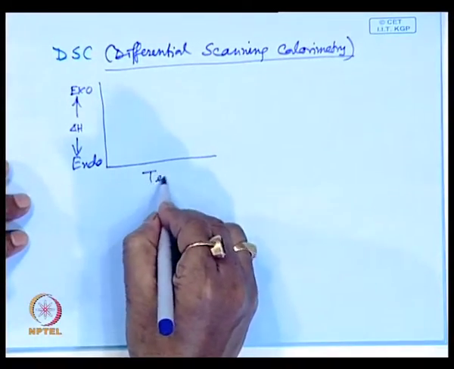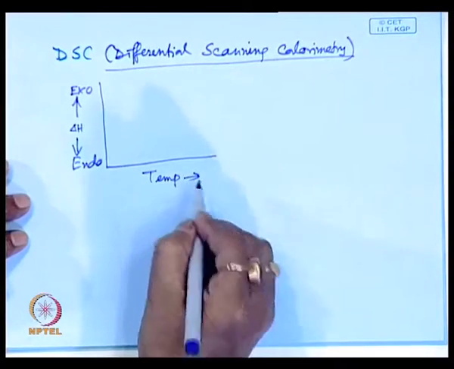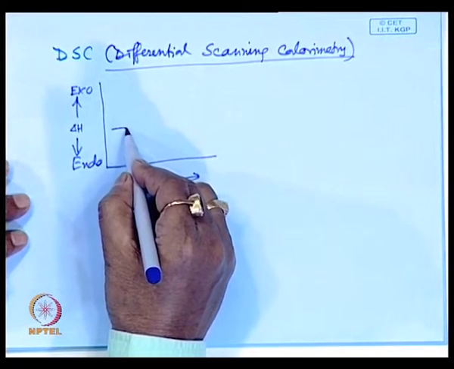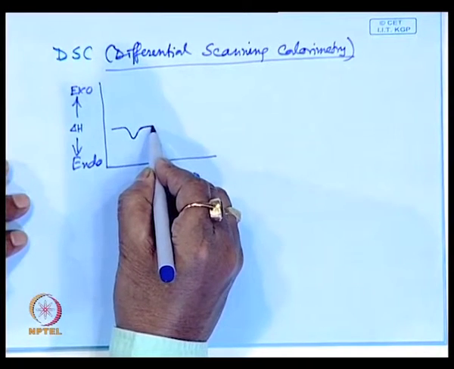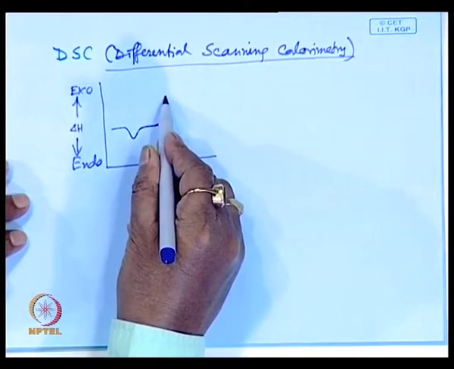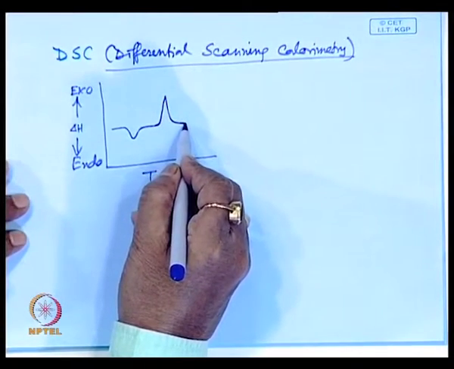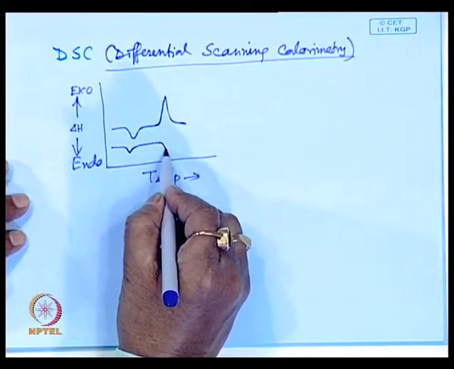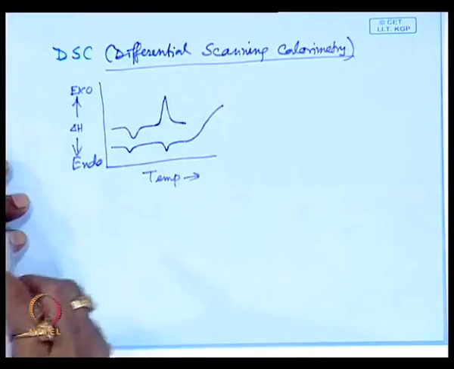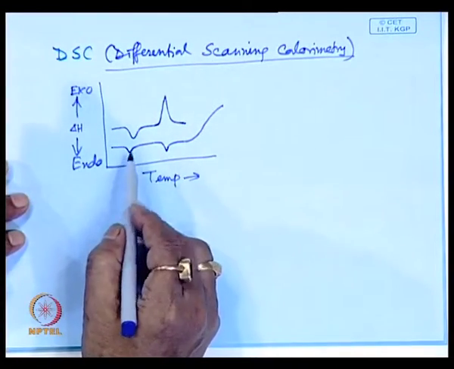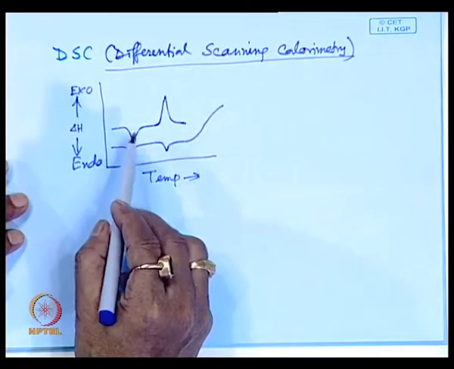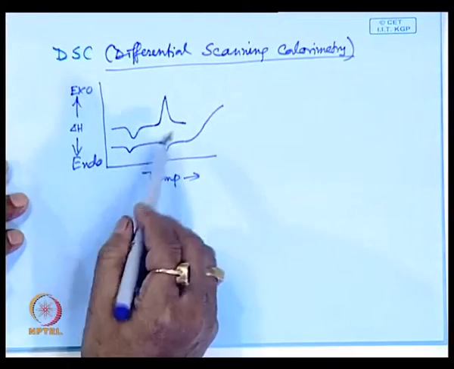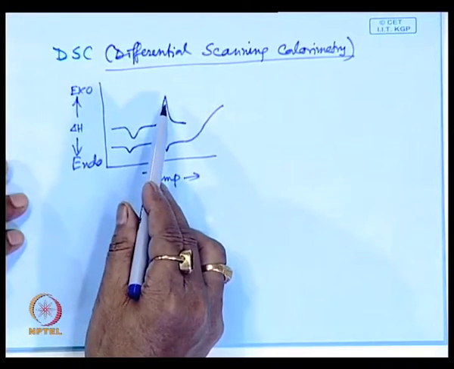This is the temperature axis, and you can get a curve like this, or you can get a curve like this. Now, these are actually transitions, again a change of enthalpy during that transition, either endothermic transition in these cases or exothermic transition.